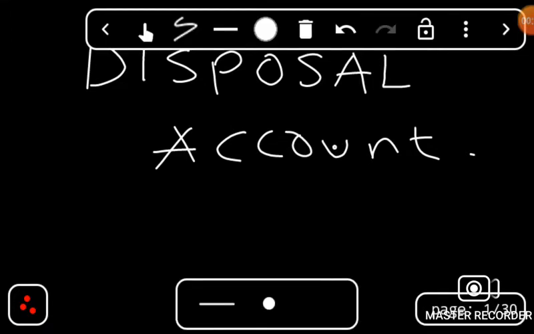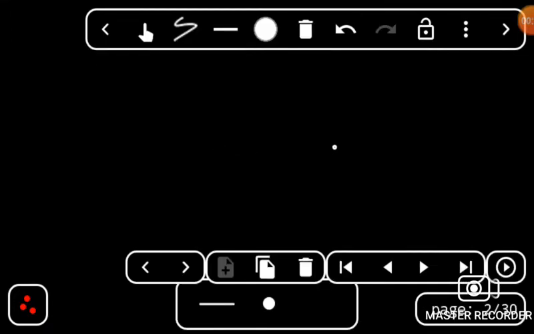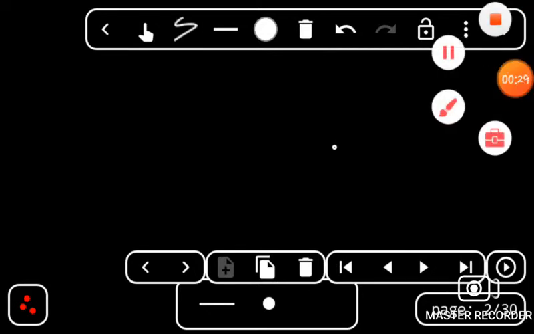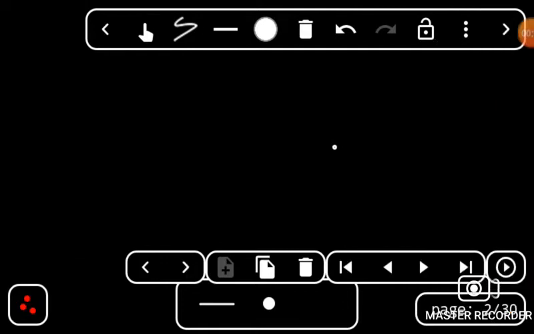Okay, so the best example that I'll give under disposal is, firstly, I would like to tell you what the disposal is all about. A disposal is all about when you sell a fixed asset.